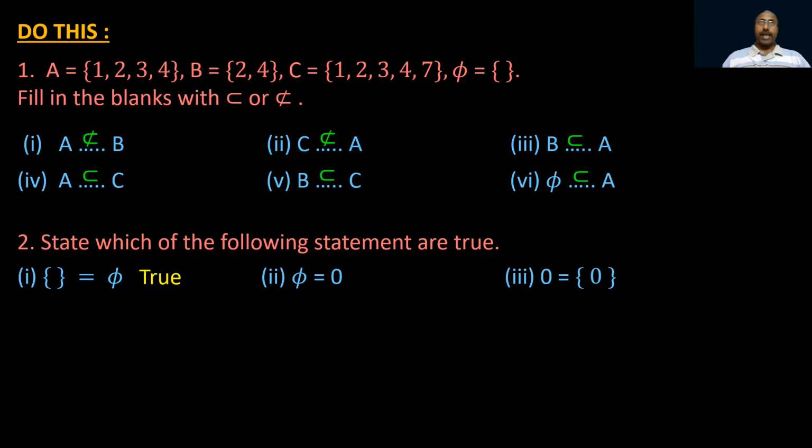So a set can never be equal to an element. So it is false. And the third one also has 0 on the left side and a set containing element 0 on the right side, which cannot be equal. So it is also false. Okay.